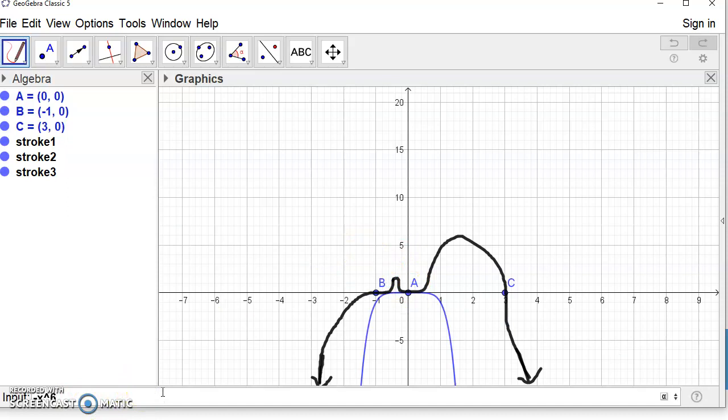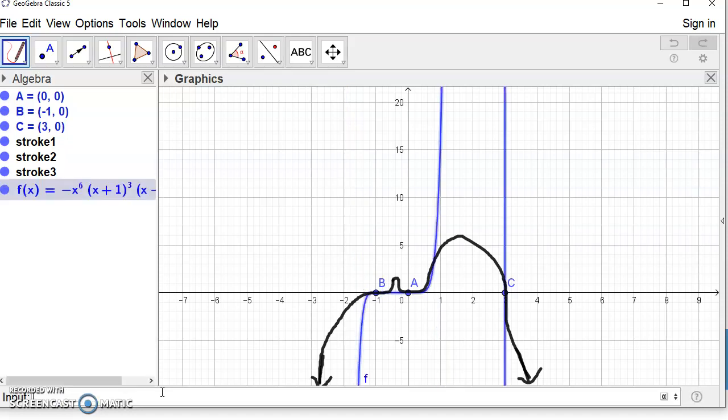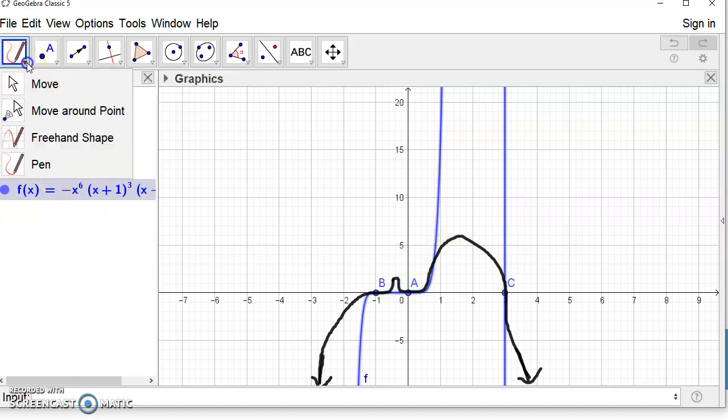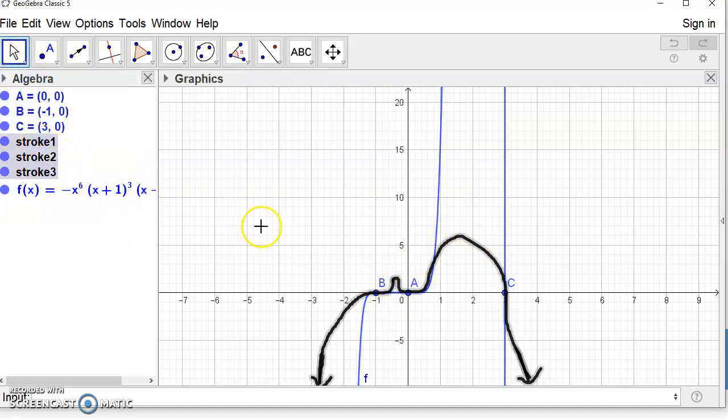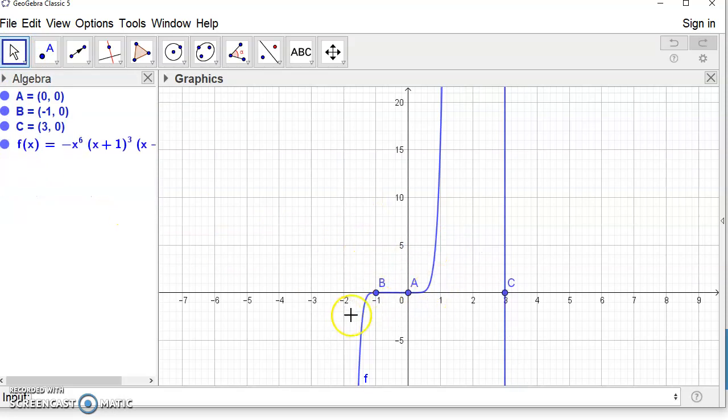So if we go negative x to the 6, x plus 1 cubed, and then times x minus 3, which was this function, you can kind of see what it looks like. I drew this part way too tall, and this part not nearly tall enough. But that's the kind of thing I'm talking about, where I really don't care what those look like. It is the correct shape.